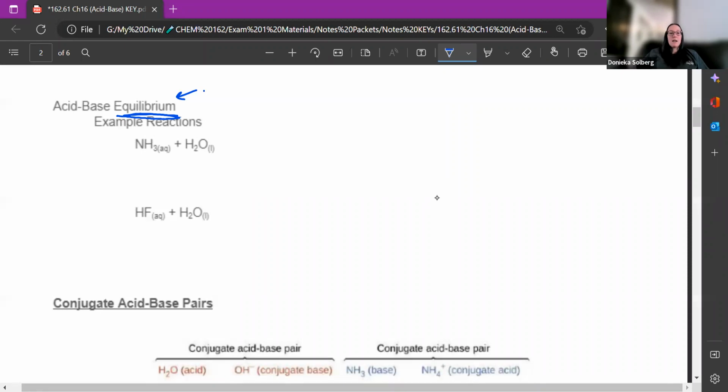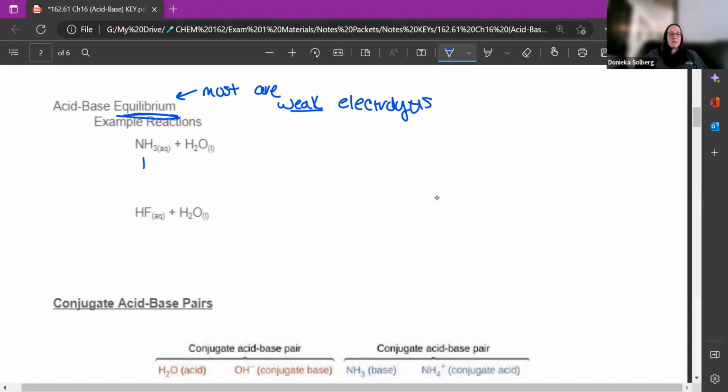Most of these are going to be weak electrolytes, which means they only partially dissociate. We've talked about this before in 161: weak acids and bases partially dissociate, so instead of a complete forward reaction, we're going to have an equilibrium going on.